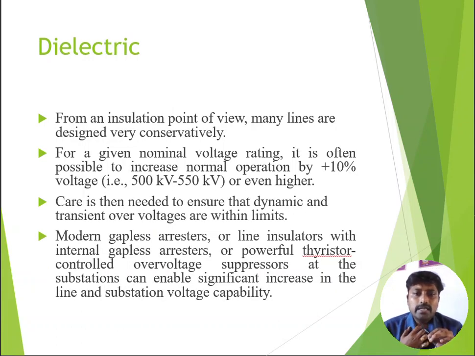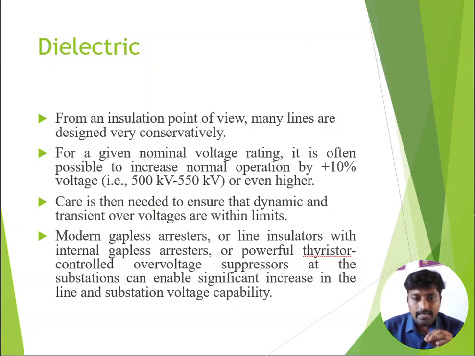Then you go for the dielectric. Dielectric means the insulation point of view; many lines are designed very conservatively. For example, if the rating is 500 kV, the insulation is provided up to 550 kV, that means 10%. If you increase the voltage, the system will withstand it, but more than that, the insulation may fail.